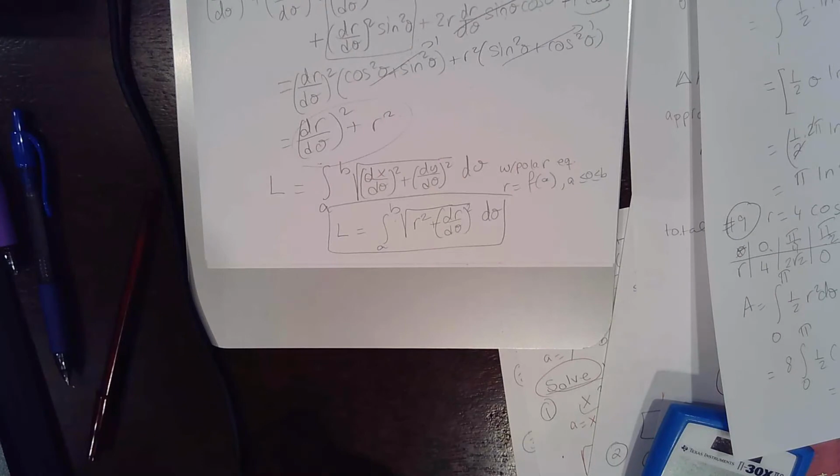So this is the arc length: L equals the integral from a to b of the square root of r² plus (dr/dθ)² dθ.